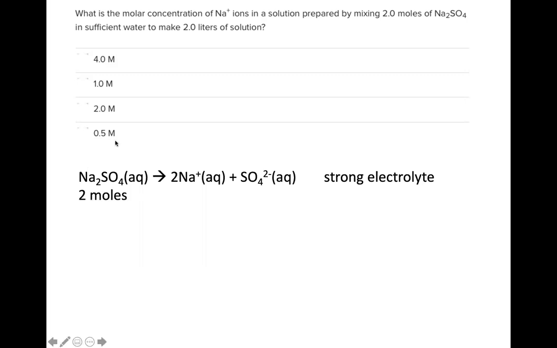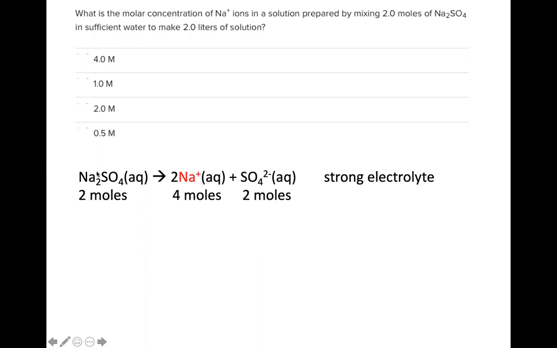Then I'm thinking, okay, I started with 2 moles of sodium sulfate. When it now dissociates as a strong electrolyte, how many moles of sodium do I have? How many moles of sulfate do I have? Well, I have 4 moles of sodium and 2 moles of sulfate. How do I get that?